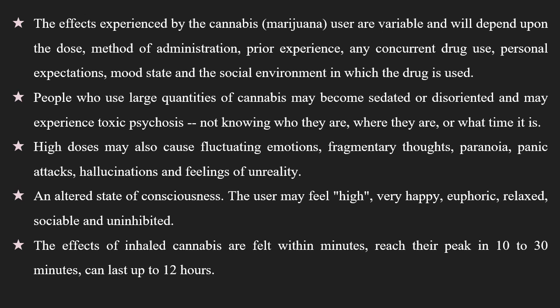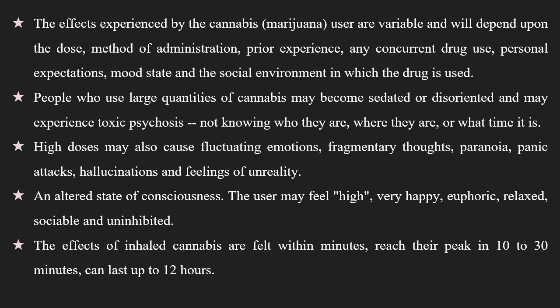The effects experienced by a marijuana or cannabis user are variable, and depend upon the dose, method of administration, any prior experience, any concurrent drug use, personal expectations, mood state, and the social environment in which the drug is used. People who use large quantities of cannabis may become sedated or disoriented and may experience toxic psychosis.